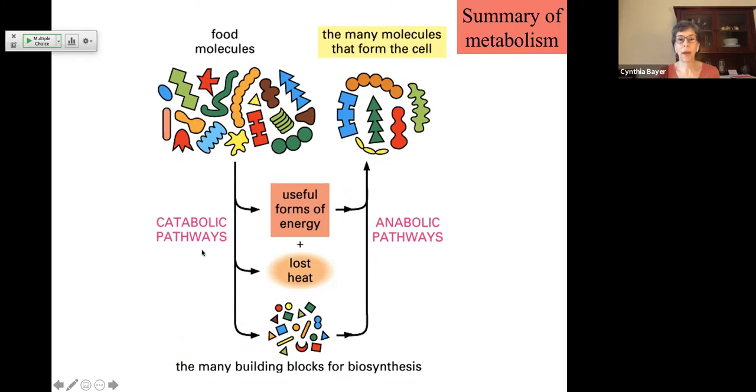Again, in these catabolic pathways, not all of the energy of those molecules is converted to useful forms of energy like ATP. Some of the energy is lost as heat, right? The lowest form of energy, more disorder. But that heat is actually used by the organism. That heat helps keep our body at body temperature, 37 degrees Celsius.